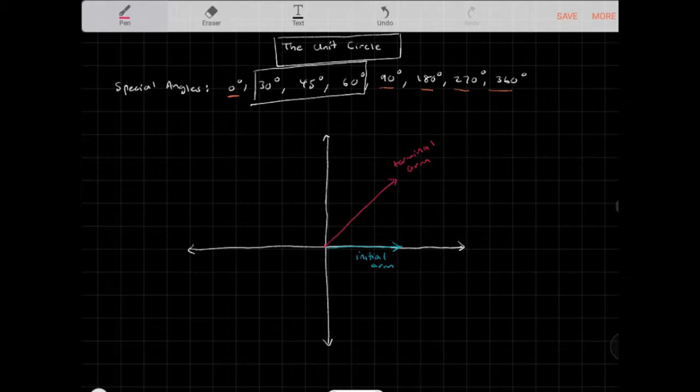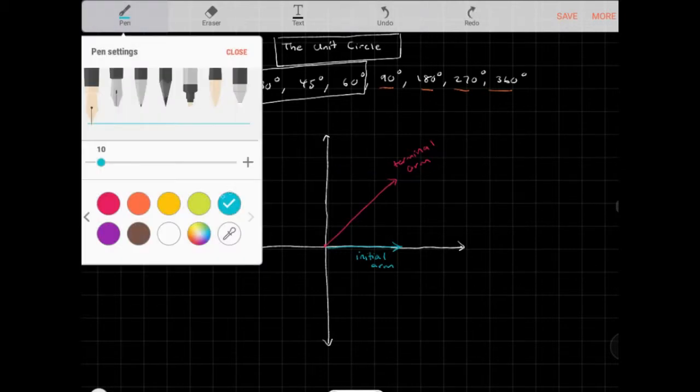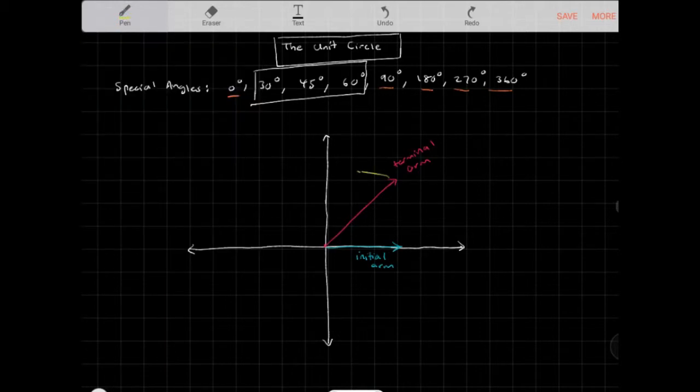Now, a unit circle is a special case of angles in standard position. We know that a full rotation is going to give us 360 degrees, and a full rotation is going to create a circle.